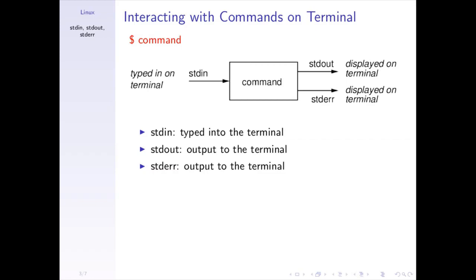Normally, when we type a command, the input we type on the terminal is what we type in response to the command, and the output's displayed on the terminal. Now, we can change that.